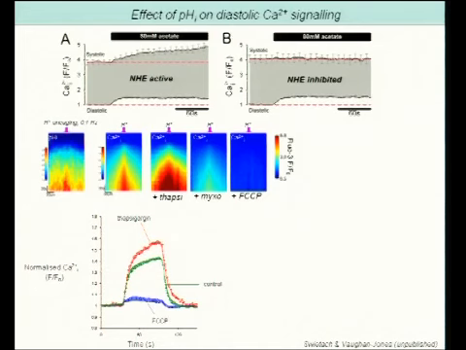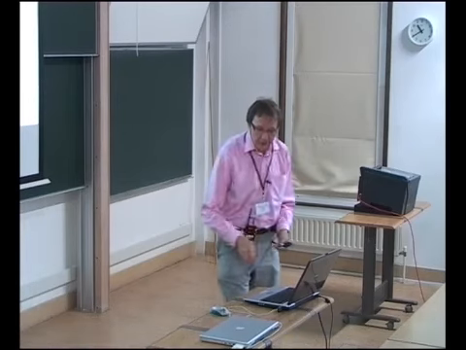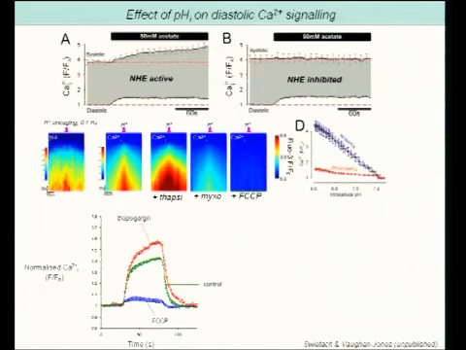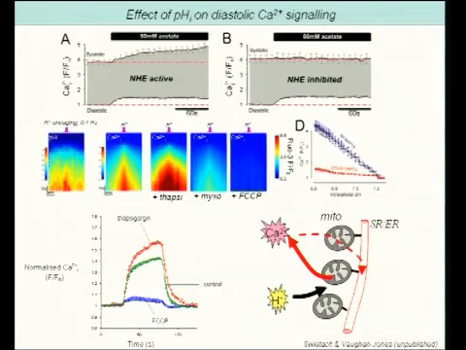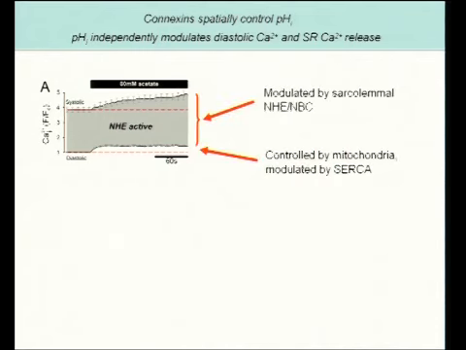If you add myxothiazol, 10 micromolar, most of the calcium released by protons is eliminated. There is a small trail left. FCCP almost completely wipes it. So we are dealing with a mitochondrial store, which is a controller of diastolic calcium and which is activated by protons and releases calcium.